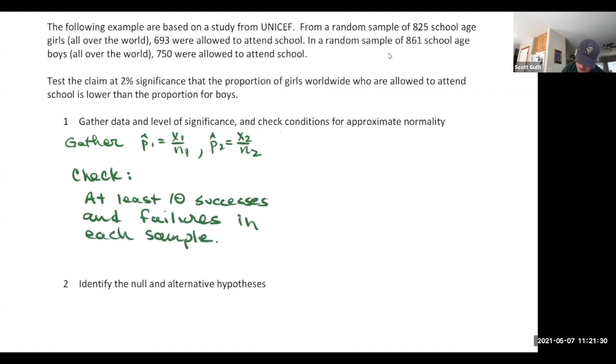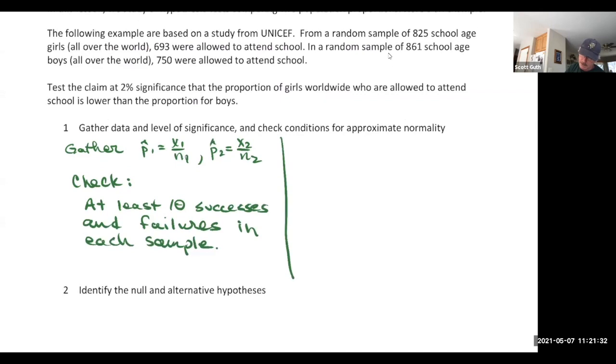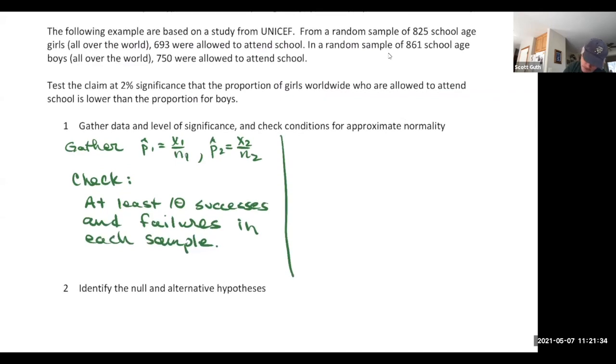Okay, so let's go ahead and do this real quick. So p hat 1, this is going to be the girls. It's 693 out of 825.